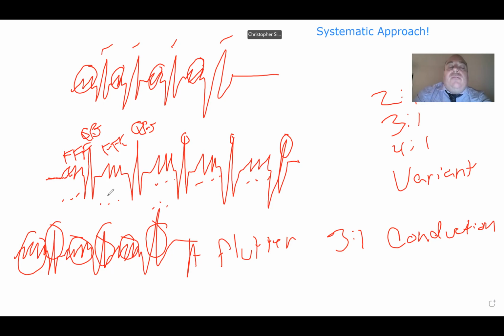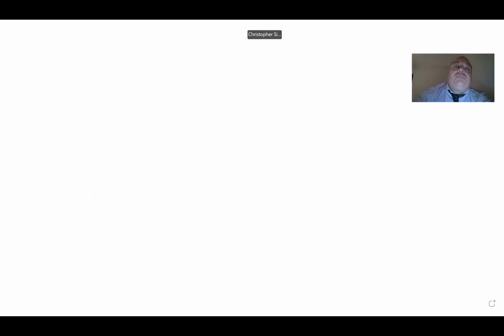So you count however many flutter waves you got, and you compare it to how many QRSs are in between each one, and you say 2 flutters, QRS, 2 flutters, QRS, a flutter with 2 to 1 conduction, okay? Or 3 to 1 conduction, or 4 to 1 conduction. Now, what if you had something look like this?